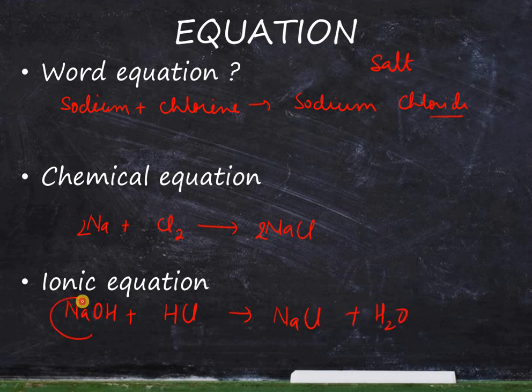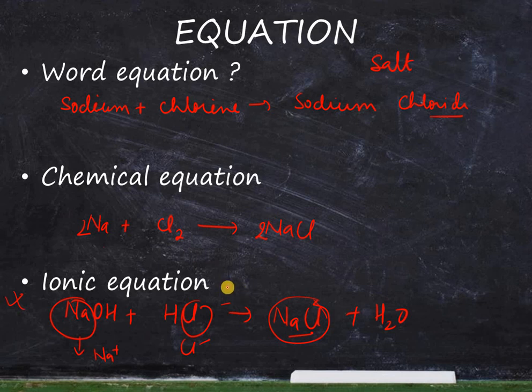This one is giving Na+ and this one is giving Cl-, and these together form the salt, which is the ionic compound. So we are going to talk in detail about how to represent this equation in ionic form.